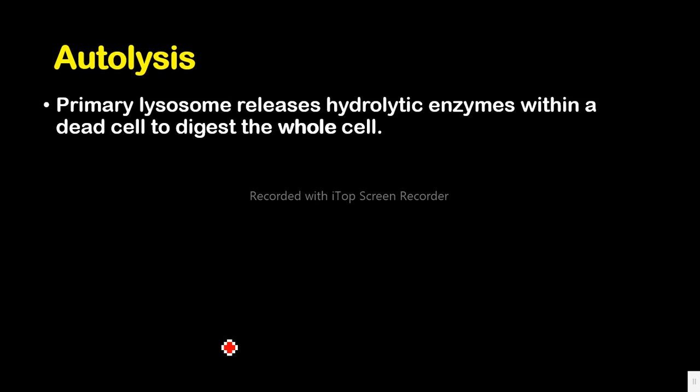Then that was autophagy, but we also have autolysis. Here, this is programmed cell death. Maybe a cell has turned cancerous. Maybe the cell has aged. The cells might divide, and somehow a cell misbehaves.